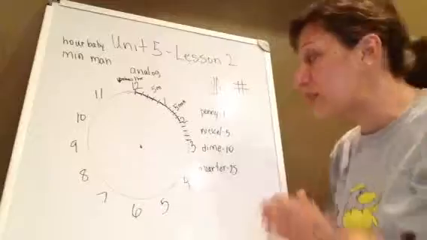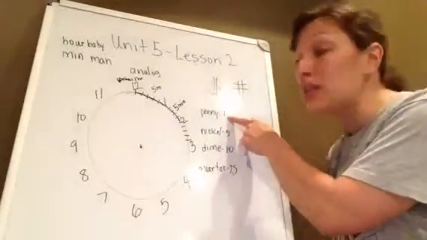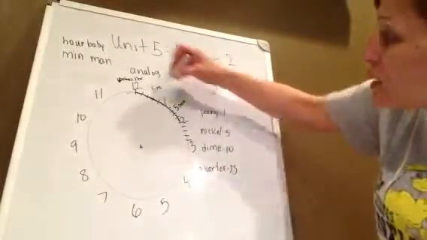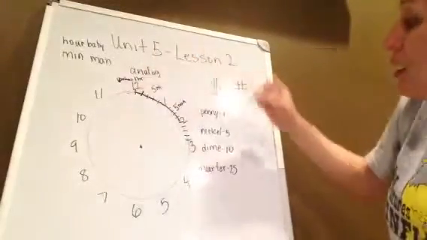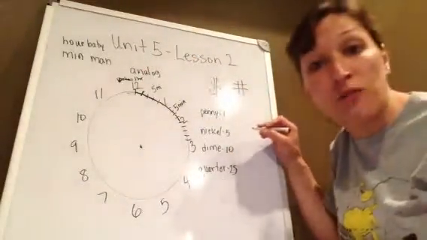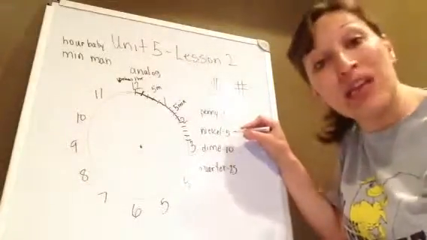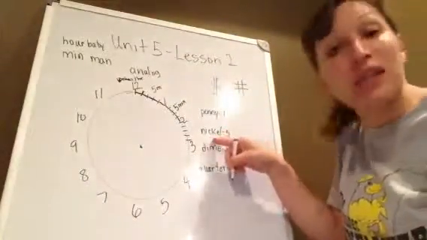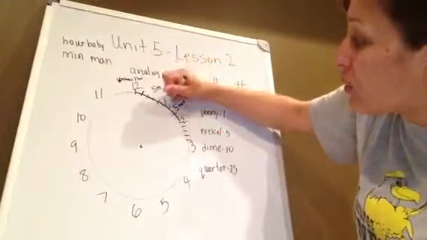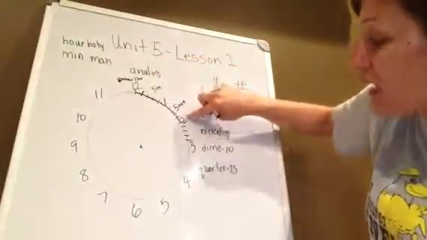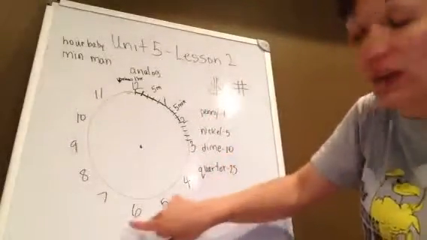They're chunks. A penny's only giving us 1, so it's very similar to that little line on the clock that means 1 minute. A nickel is a chunk of pennies. It's 5 pennies chunked together. When we count by nickels, we can count by chunks of 5, just like the numbers on the clock. 5, 10, 15, 20, 25, 30.